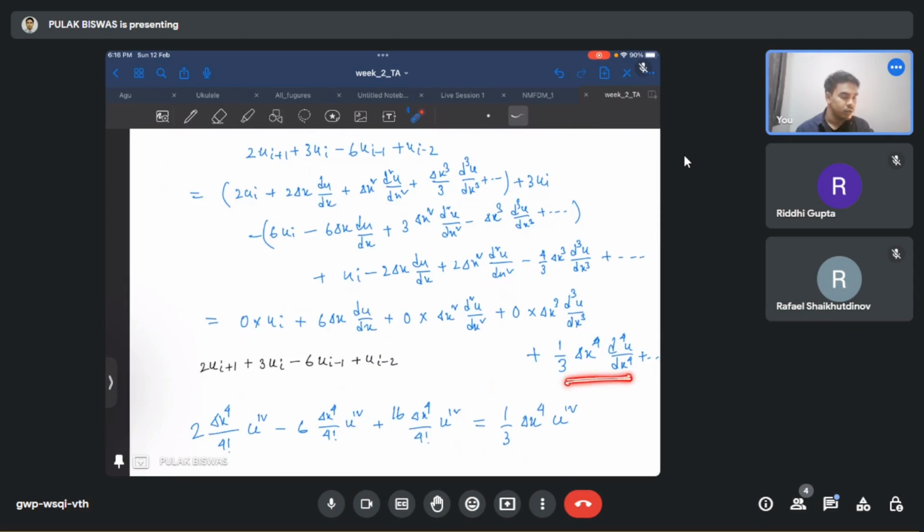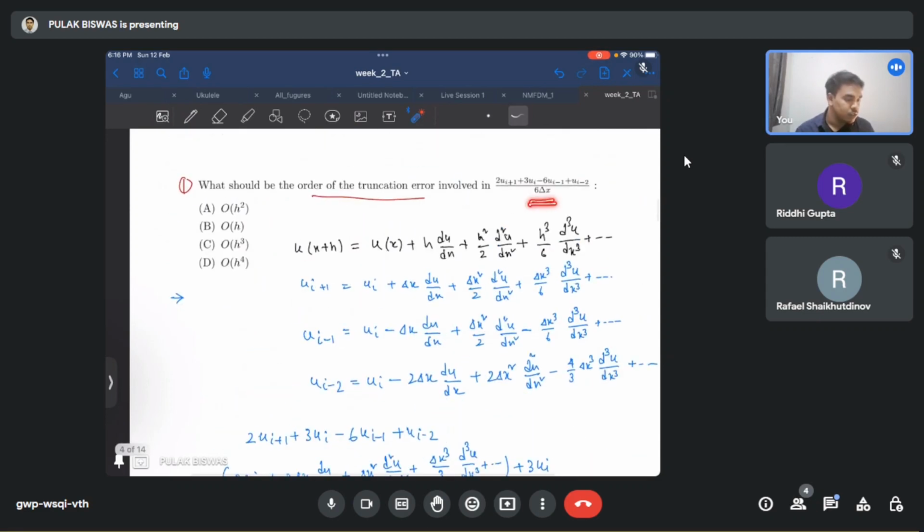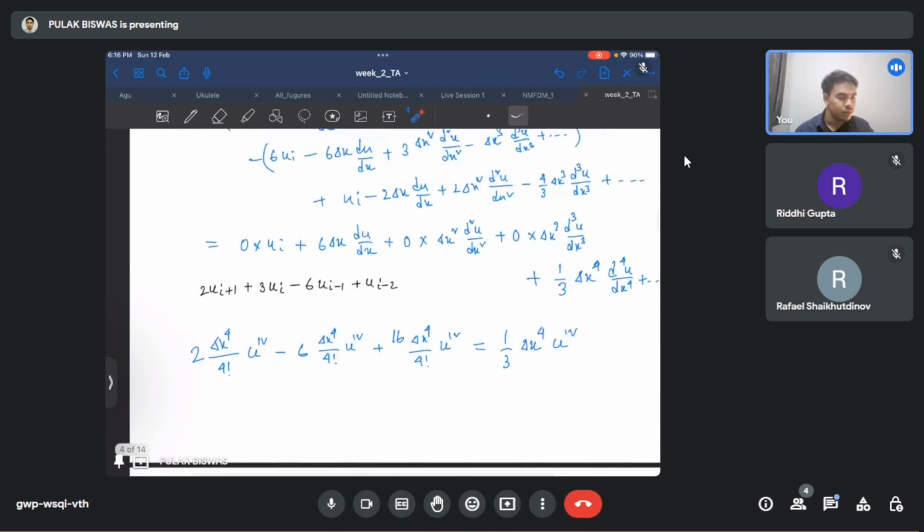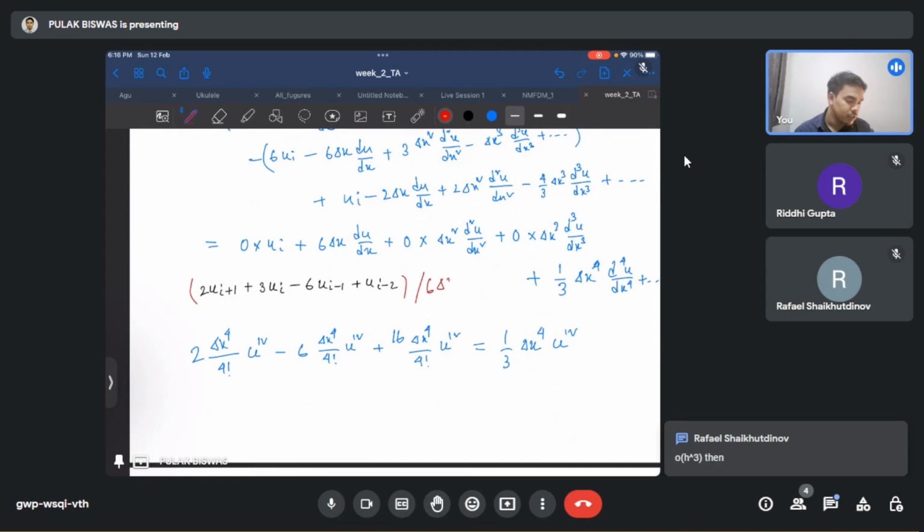And now 6 delta x is divided in this formula. So if we divide by 6 delta x, this will be gone, but this term will be remaining there.